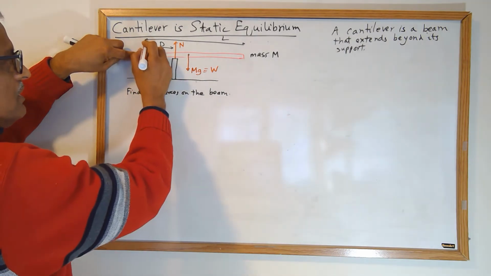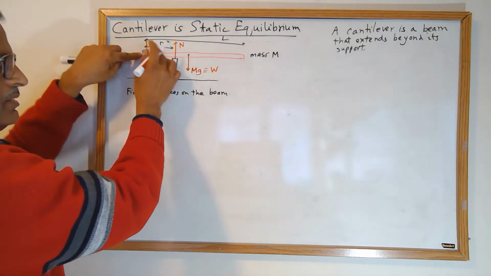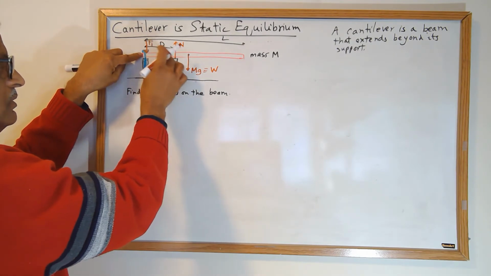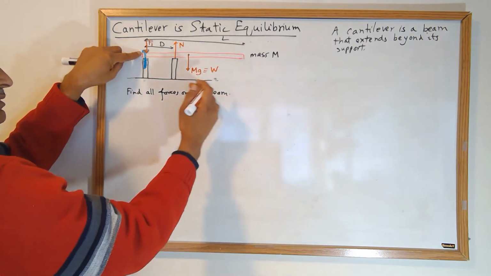So that should be a force. We'll just call it F1. But then there's also a friction force that acts in the, this is like a normal force, but the angle of this thing is not very clear.